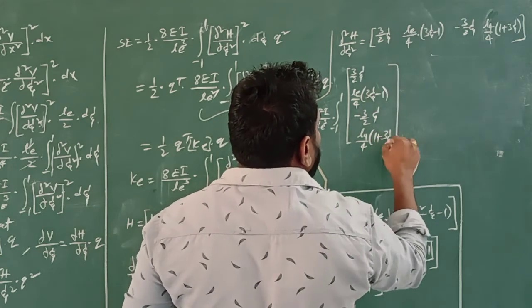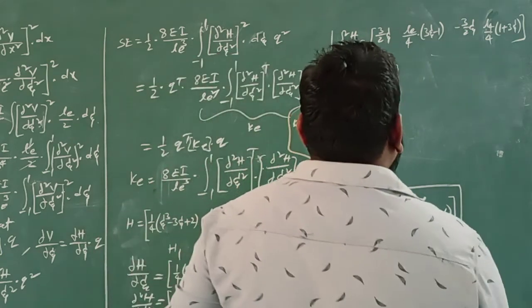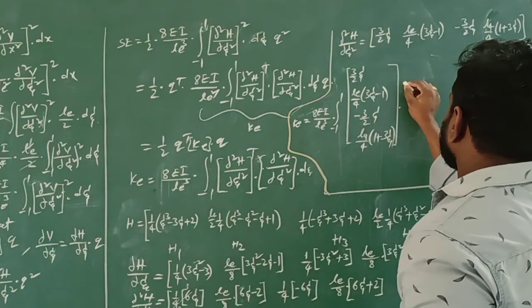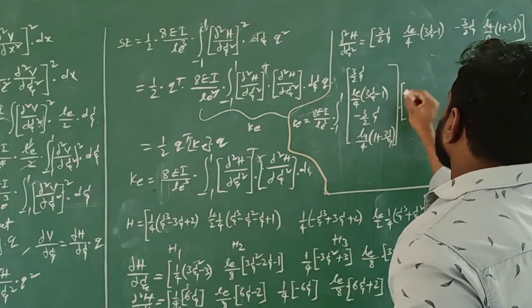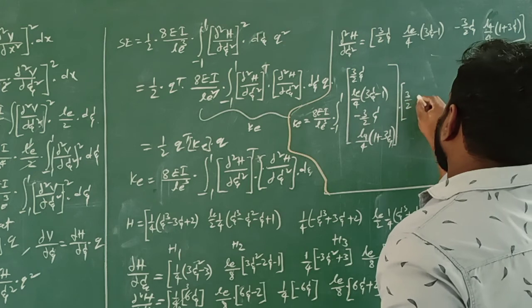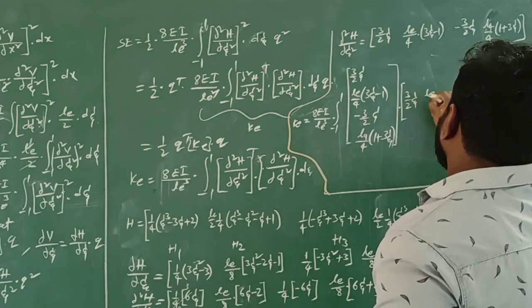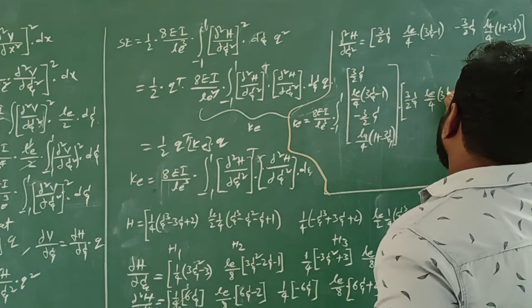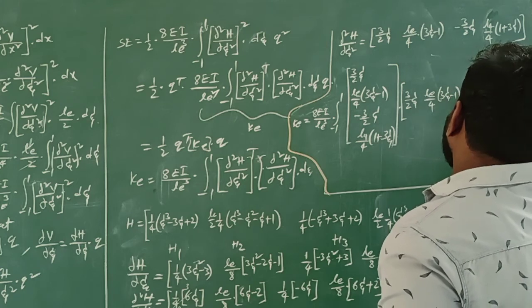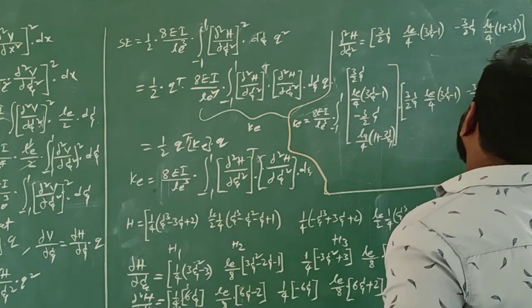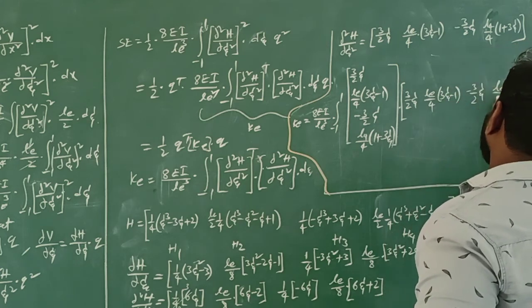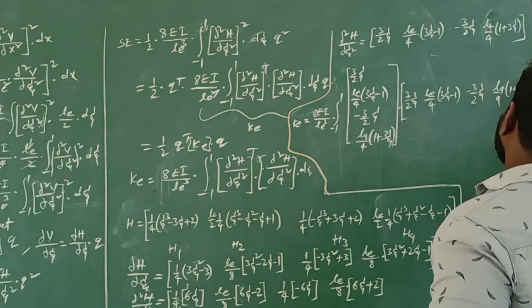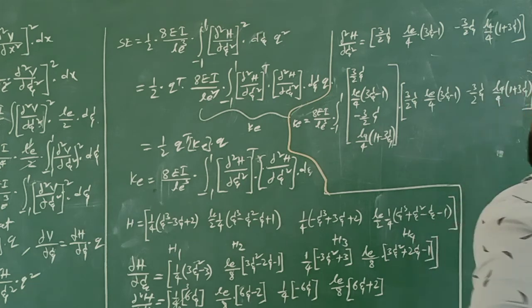This is the final equation we got like this, into this matrix: 3 by 2j, Le by 4 into 3j minus 1, minus 3 by 2j, Le by 4 into 1 plus 3j. This is the actual equation. Multiply each term.